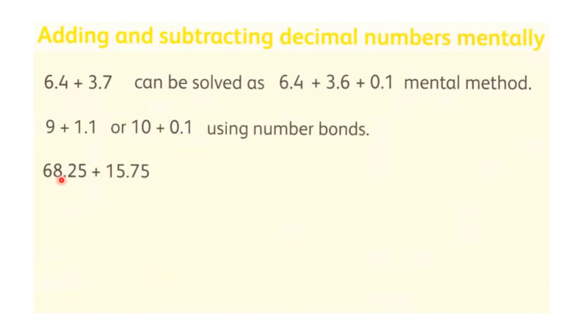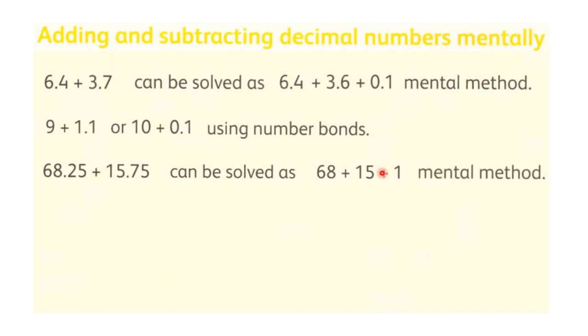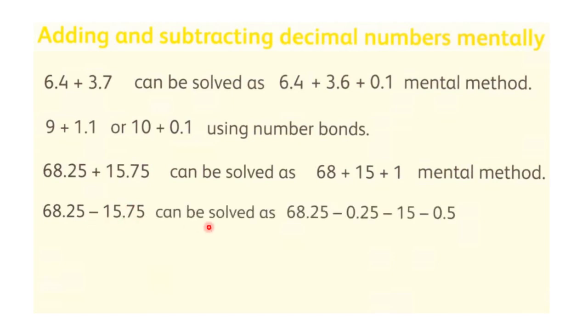Another example, 68.25 plus 15.75 can be solved as 68 plus 15 plus 1, because 0.25 and 0.75 equals 1. This is a mental method. 68.25 minus 15.75 can be solved as 68.25 minus 15.25.